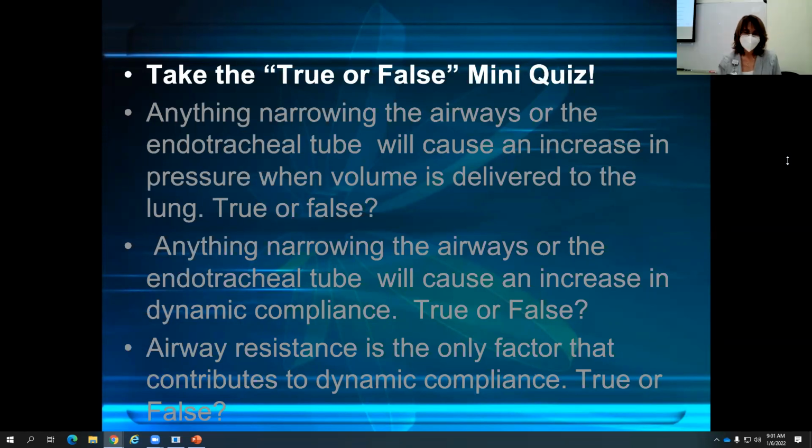Very good. So it's actually the opposite, right? If we have narrowed airways, we're going to have high pressure. And when we plug that high pressure into the formula, we're going to get a low number. High pressure, low compliance. Got it?